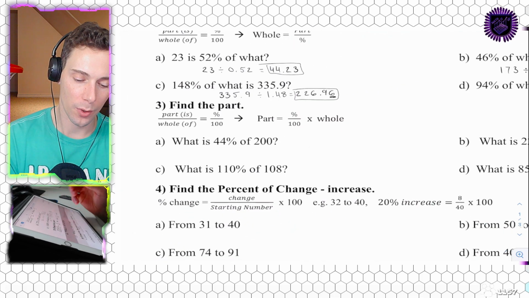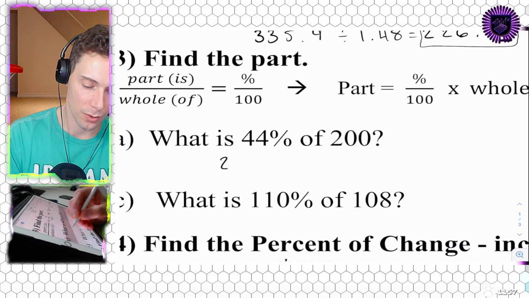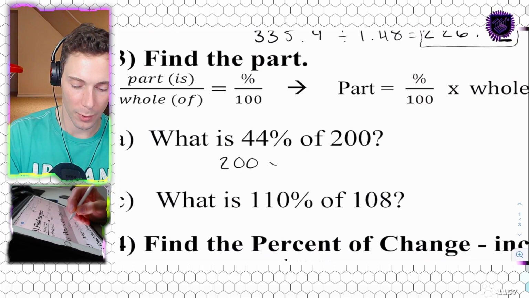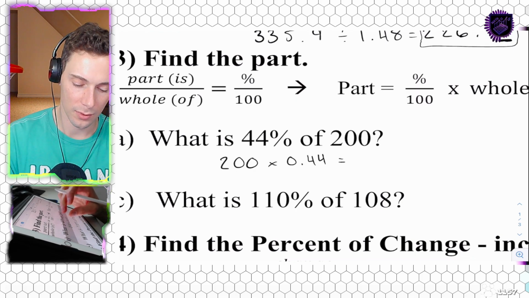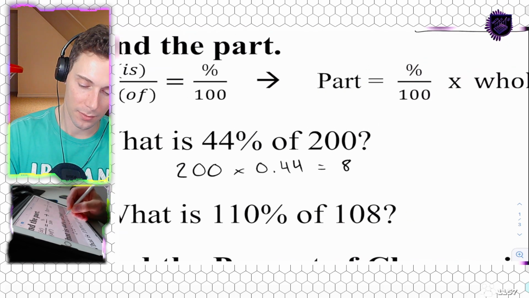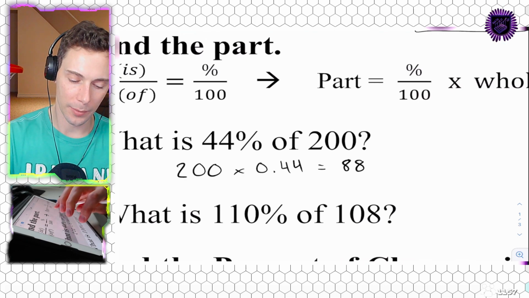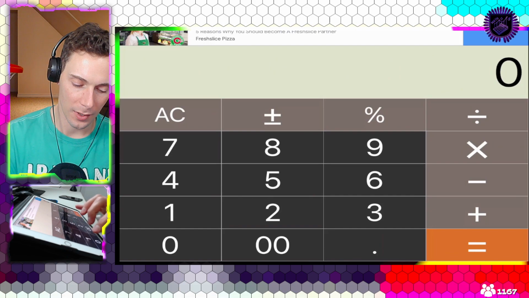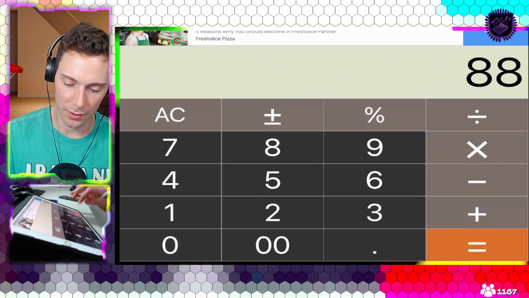44% of 200. So we're going to go 200 multiplied by 0.44, and that will equal 88. 200 times 0.44 equals 88.